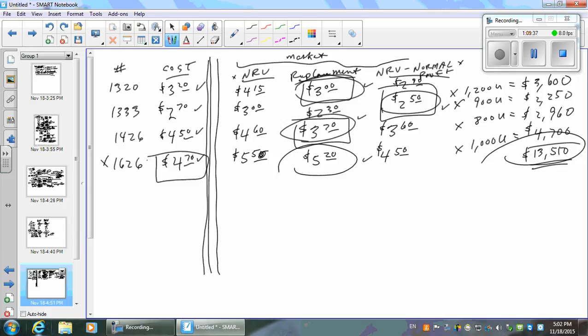What'll happen? Because once market was more than cost, right? So it's going to net out, average out. Get that?